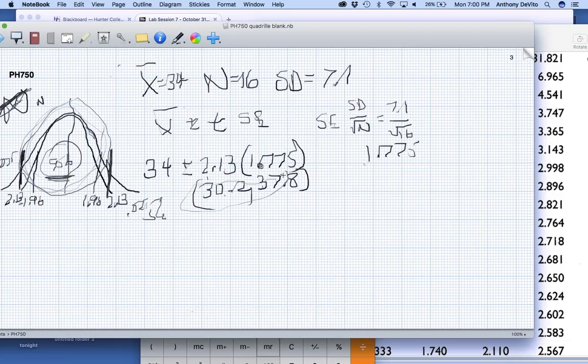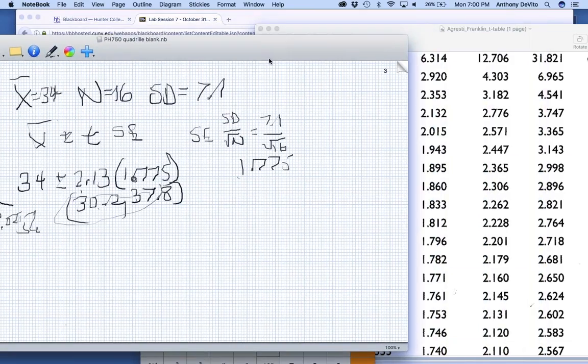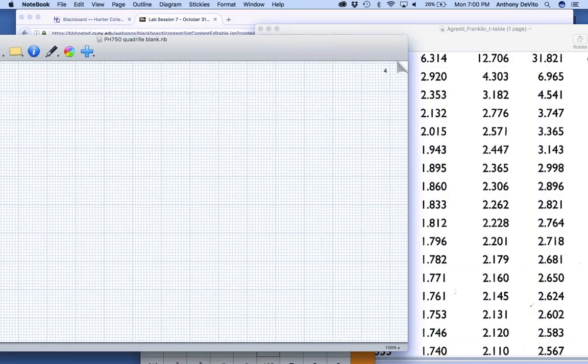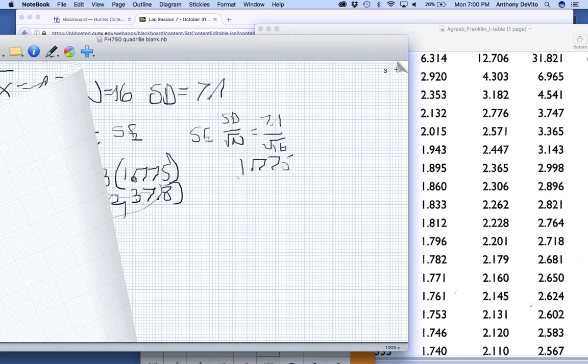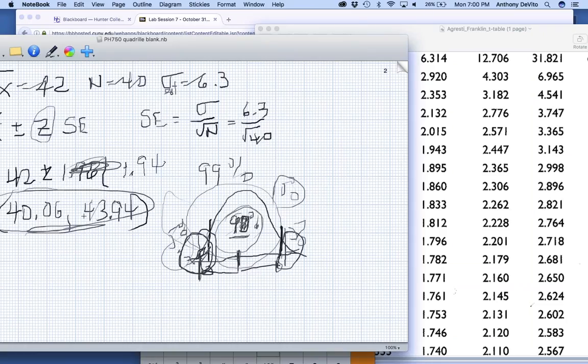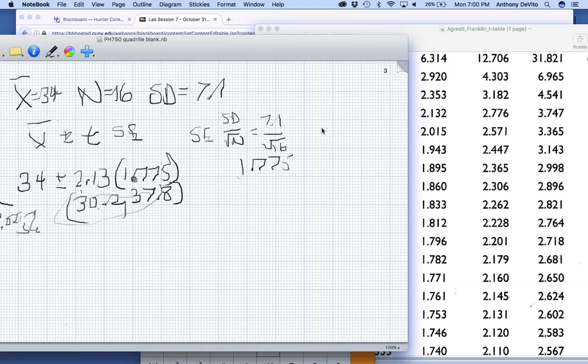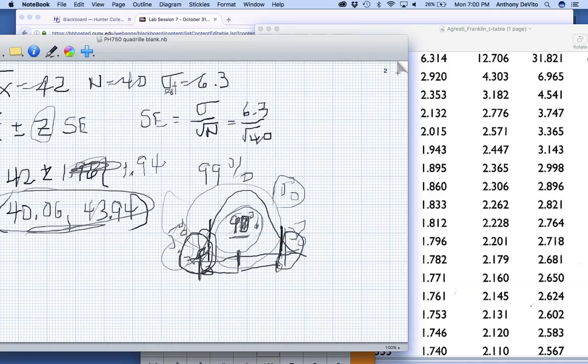So 30 to 37.8. That's quite a bit wider than our margin of error was before, right? Our range before was only 4. Now our range is almost 8, right? So that's quite a bit wider, and that's attributable to using the t-value, because our standard deviation was only a little bit different, right?